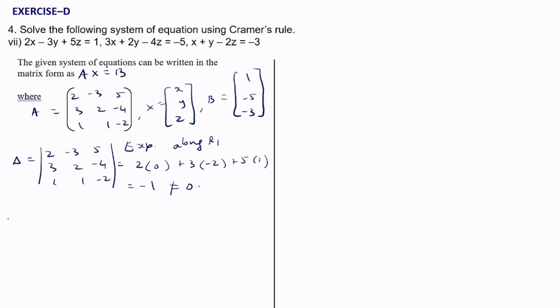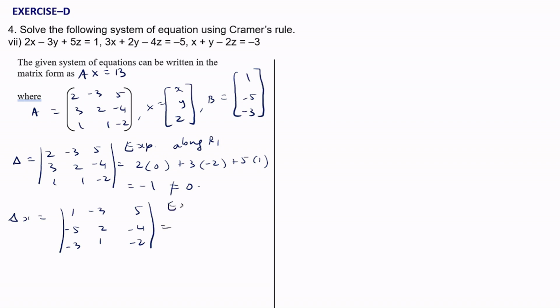Now delta x: the first column becomes 1, minus 5, 3, with the rest minus 3, 2, 1, 5, minus 4, minus 2.